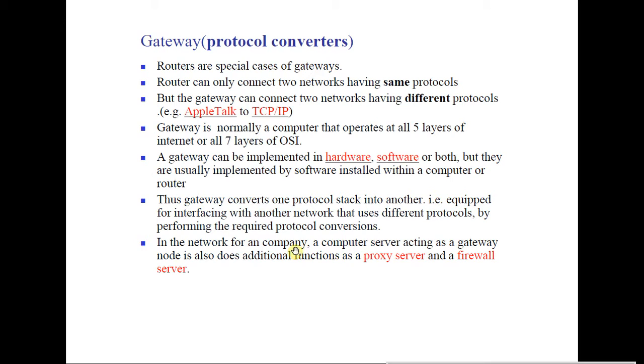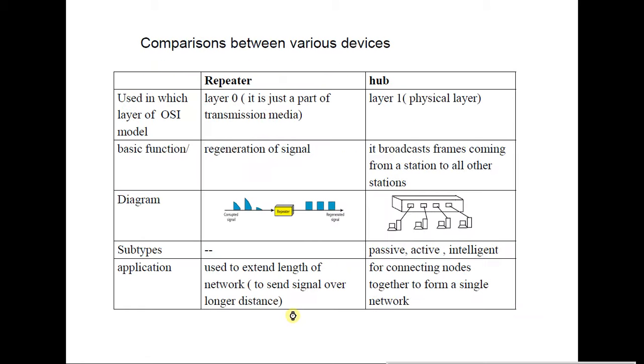In a company network, a computer acting as a gateway node also does additional functions such as a proxy server and firewall server. So apart from the conversion from one type of protocol to another, some companies use the gateway as a proxy server and firewall server.